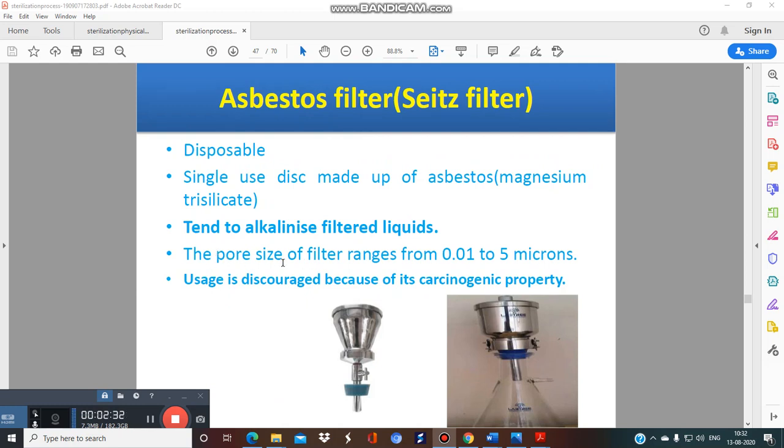The pore size of this filter varies from 0.01 to 5 microns. It has been reported that this filter is not recommended because it has carcinogenic action. It has cancer causing properties, so this is not recommended.